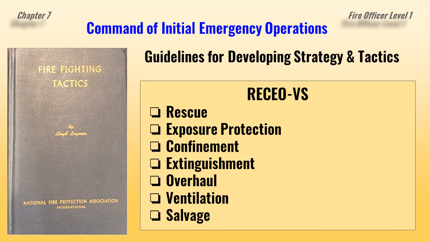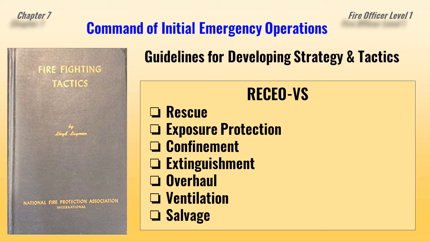So Lloyd Layman, who was writing fire strategy and tactics books and command and control books back in the 50s, came up with a thing called RECEO VS. The incident commander can use this as a check sheet when operating at a structure fire.